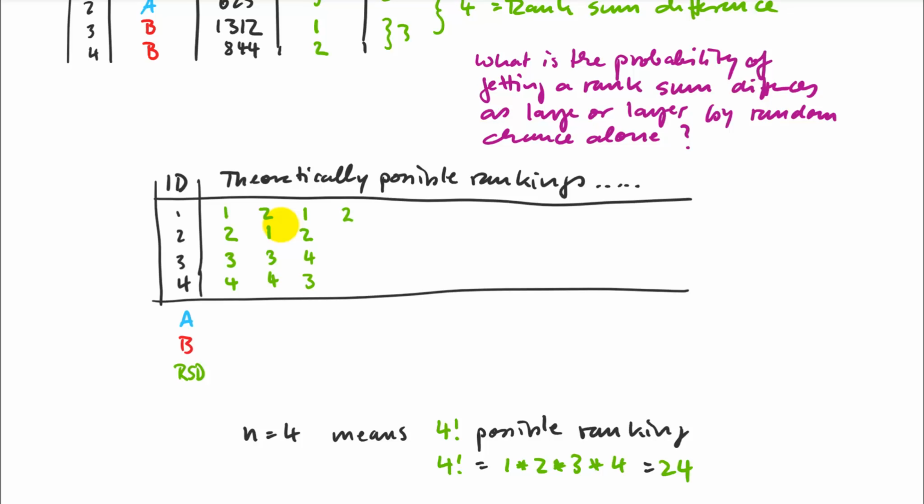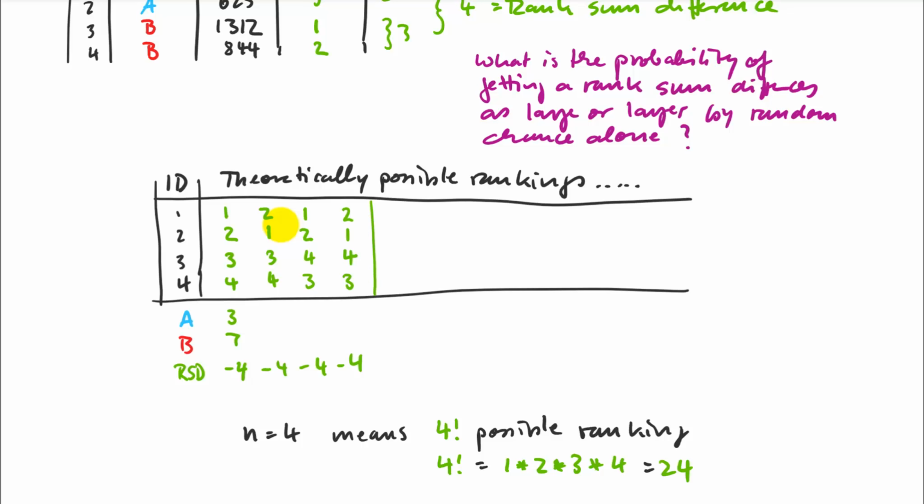So I could have 2, 1, 4, 3. So I could have 4 ways to arrange the treatments A and B, so that the rank sum here would be 3 minus 7, so 3 for A, 7 for B, and the rank sum difference would be minus 4. And that would be the same for all of those. So minus 4, minus 4, minus 4.